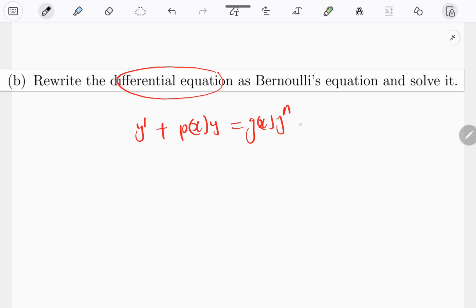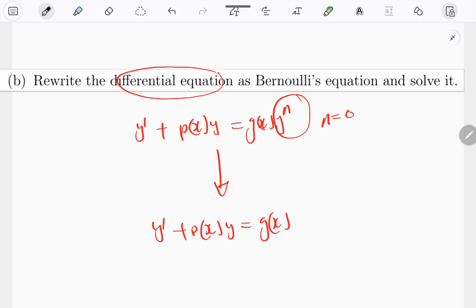So what Bernoulli does, take this thing and make it look so linear. Linear looks like this: y prime plus p of x y is equal to some g of x. So without this part, this thing will look very linear. So if n is equal to 0, we make this thing 1 and this thing will be very separable.